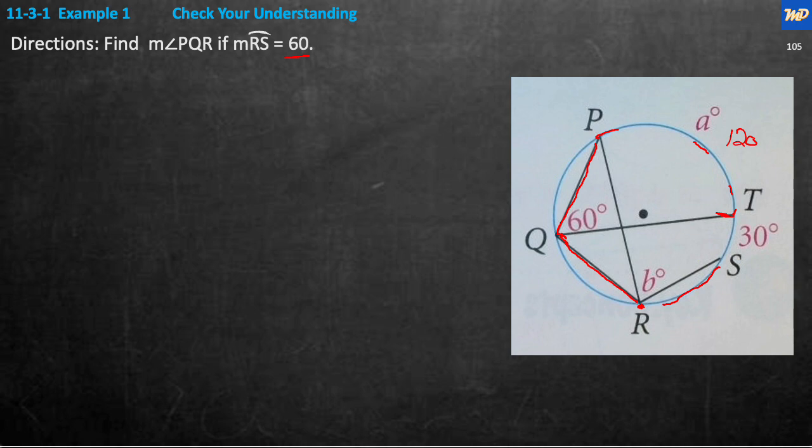That PQR, that's this angle here, and it's going to be equal to half of this total measure out to here. And we just decided that it's 210 degrees. And 210 divided by 2 is 105. So we're going to find that the measure of the arc RS is equal to 105 degrees. Okay?